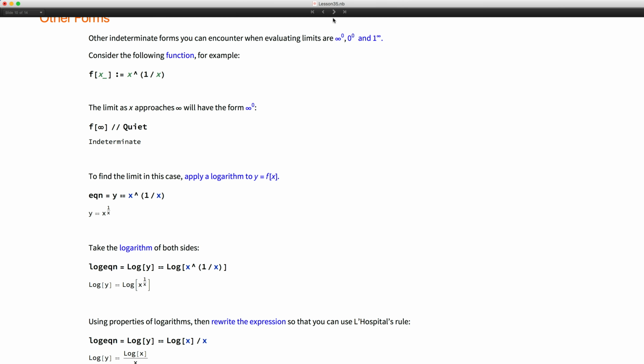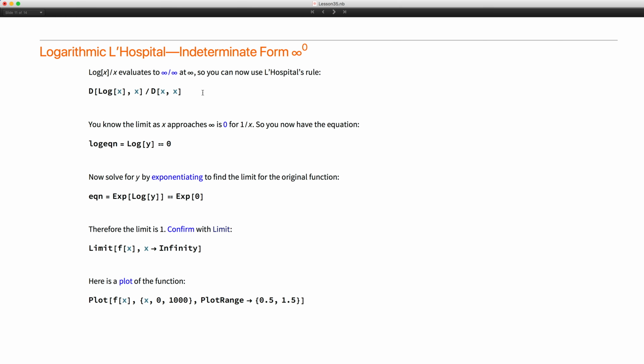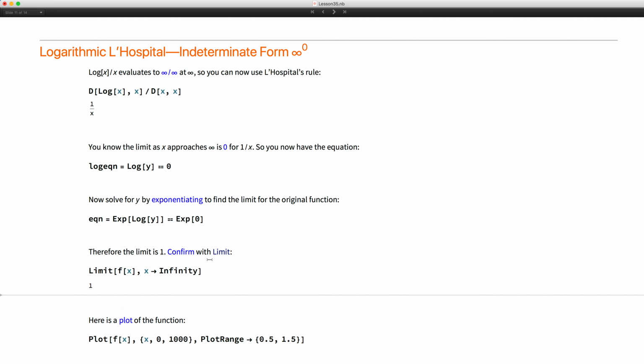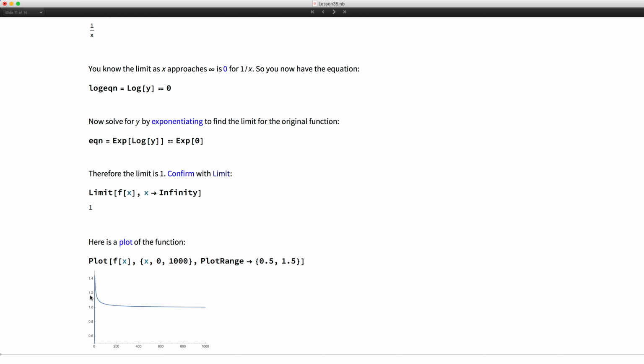So then what you do is you plug in the derivatives over here and you get back 1 over x. So when x approaches infinity, the answer is just 0. So log y is 0, which says that the limit is going to be just 1. So that's a plot of the function showing it approaches 1 as x approaches infinity.